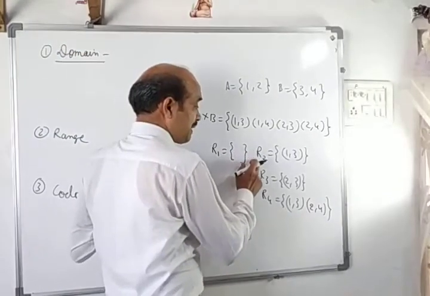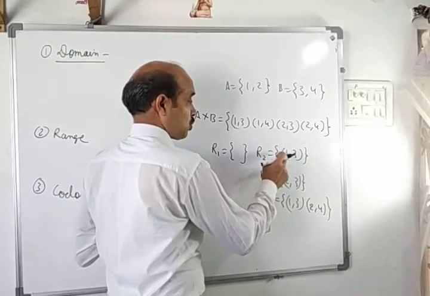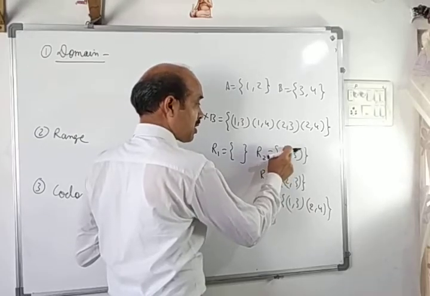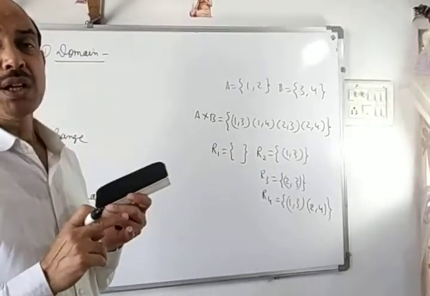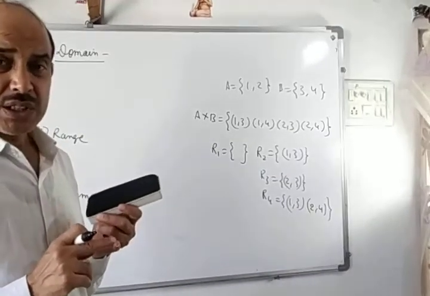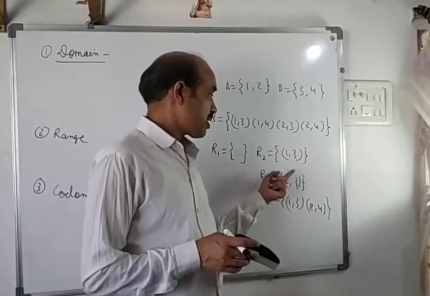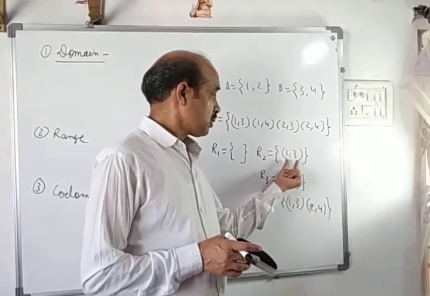Now in this case, what is domain? Domain is the set of all elements which are at first place. When we talk about the domain of a relation, we have to see what ordered pairs are present in the relation. Like here there is only one ordered pair.